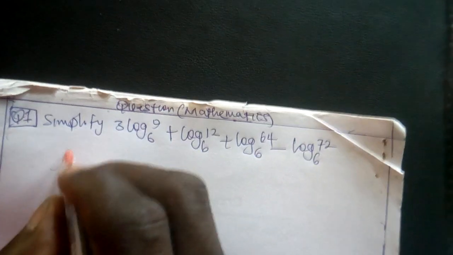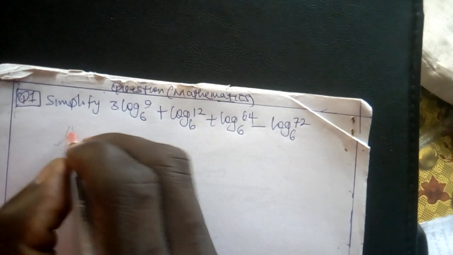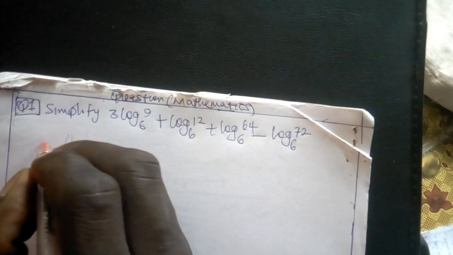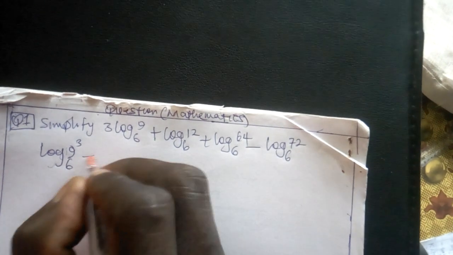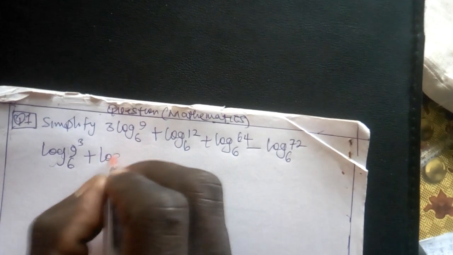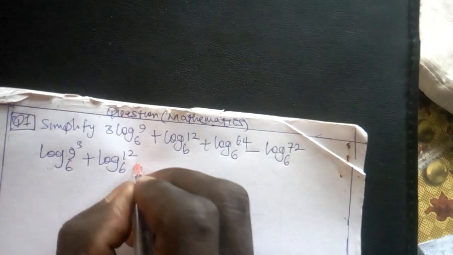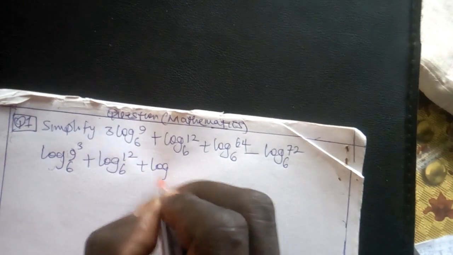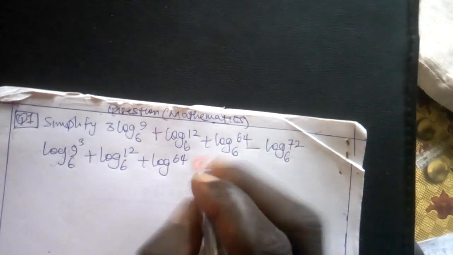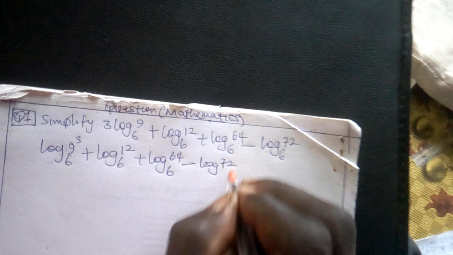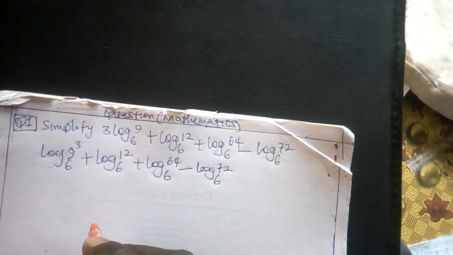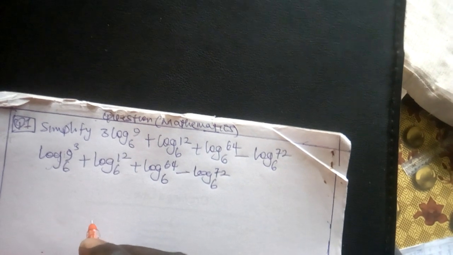So I'm going to write, the next step will be the log of 9 raised to power 3 to base 6 plus the log of 12 to base 6 plus the log of 64 to base 6 minus the log of 72 to base 6. So I decided to leave the 9 raised to power 3 like that.